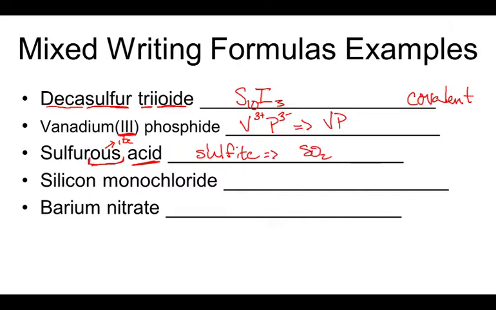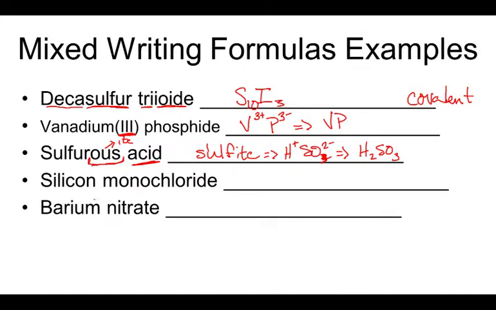Nope, I lied. SO3. And then the charge on a sulfite is, let me just double check because I don't want to screw it up. Sulfite is 2 minus. Okay, so it's got a 2 minus, and since it's an acid, we're going to put it with an H. H has a charge of 1 plus, so we know we need 2 hydrogens for every 1 sulfite to get them to match up. So H2SO3 is our sulfurous acid.